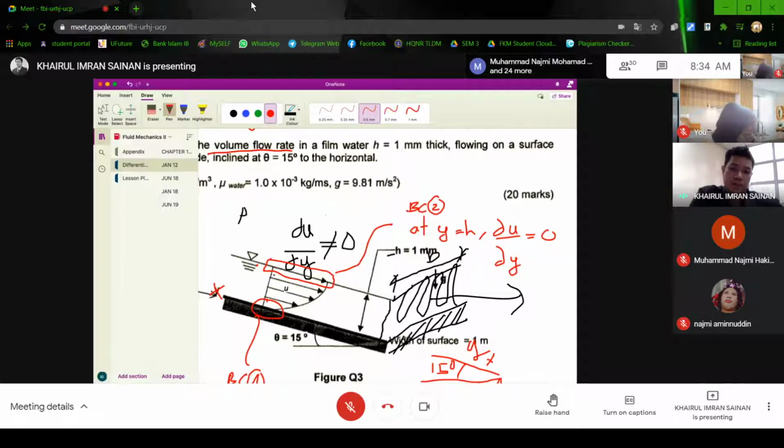It means something like this. If I continue this drawing, your flow will become something like that, with arrows of similar magnitude.